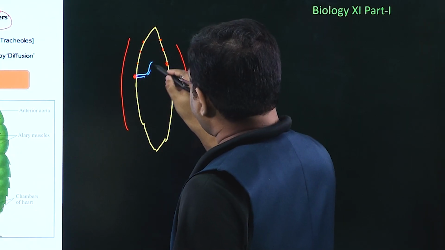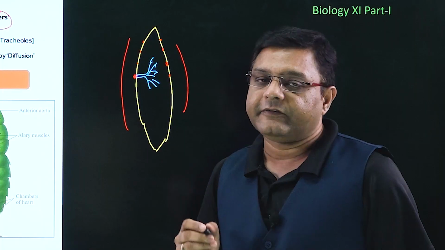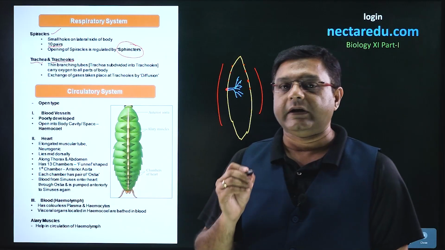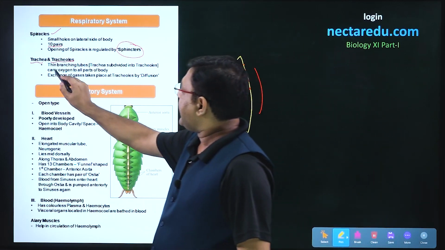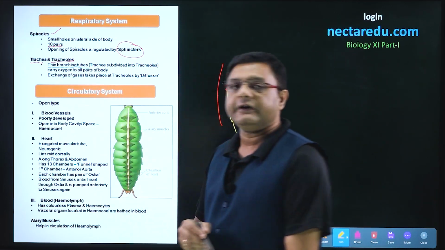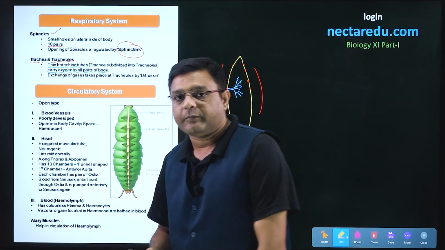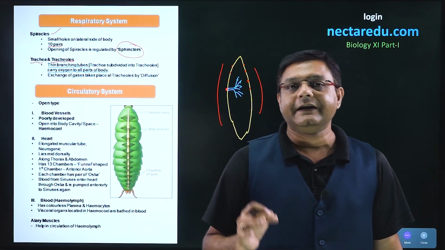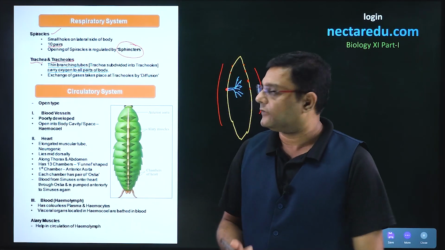Now this trachea will divide and subdivide into tracheoles, and it will reach each tissue, each cell of the body. So we can say that trachea and tracheoles are thin branching tubes, and these will carry oxygen to all parts of the body. Similarly, they will take out CO2 from the body to the outside.